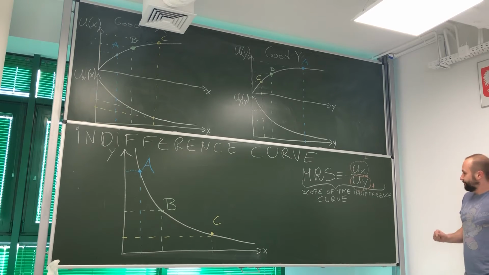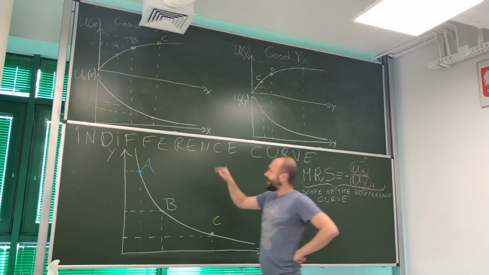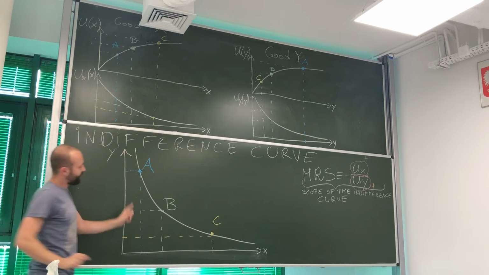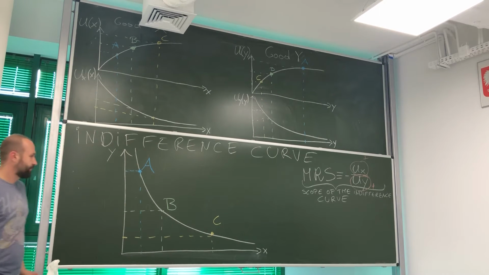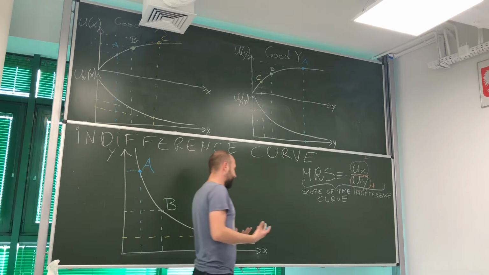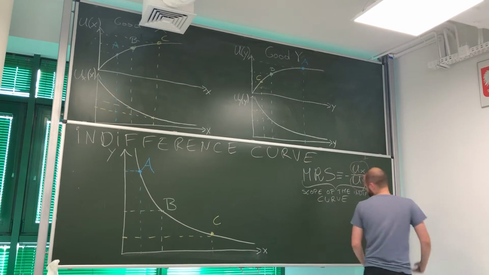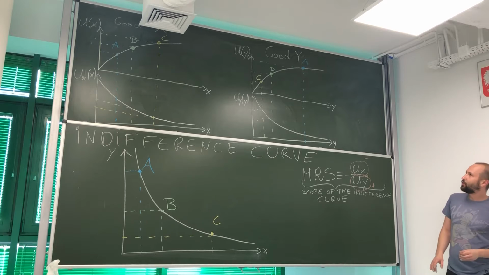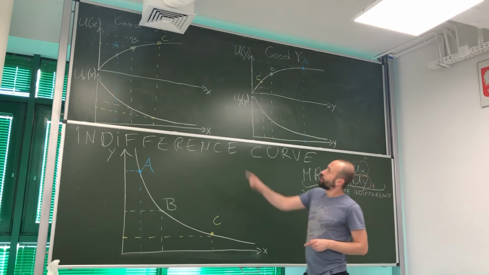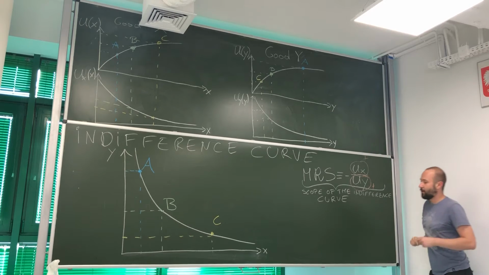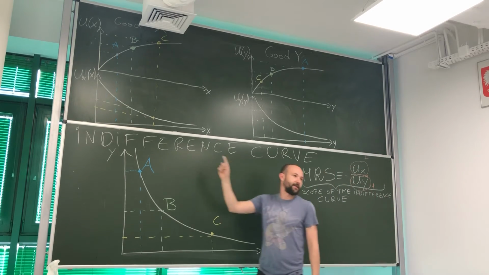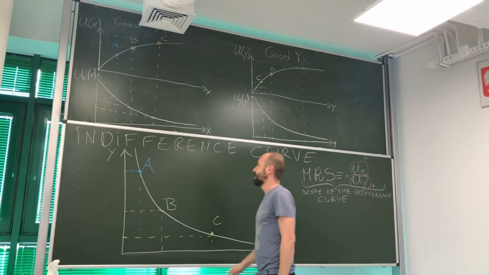Okay, so look, I denoted 3 different points on this indifference curve. Look, we've got a case like that. Our customer chooses between 2 goods, good X and good Y. Now, lowercase x and lowercase y again represent their quantities.